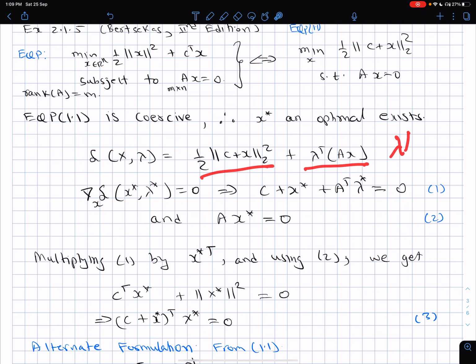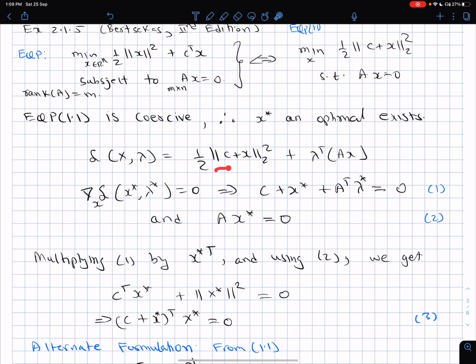So this is lambda transpose h of x, where lambda is an m dimensional vector, that is lambda 1, lambda 2 to lambda m, as described in the Lagrangian multiplier theorem. This is the vector of Lagrangian multipliers. Now optimality requires that my x star should be a stationary point of the Lagrangian function when lambda is also substituted by lambda star.